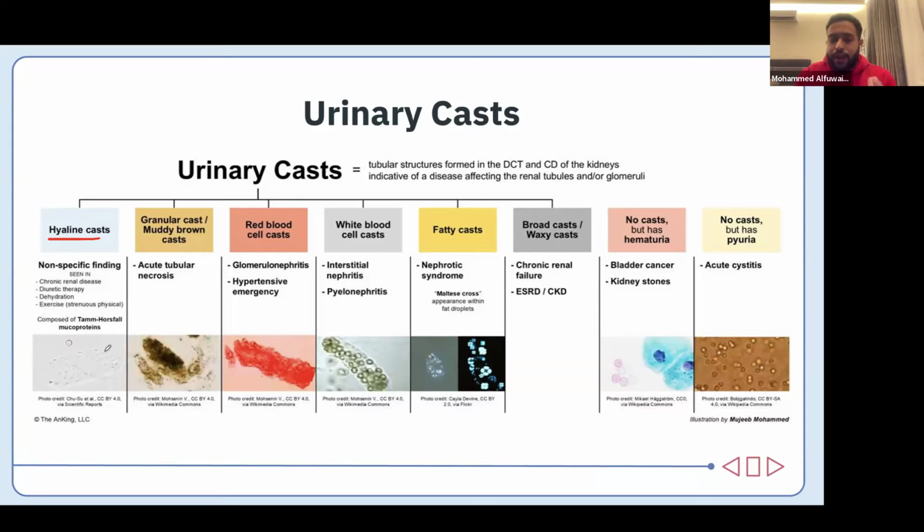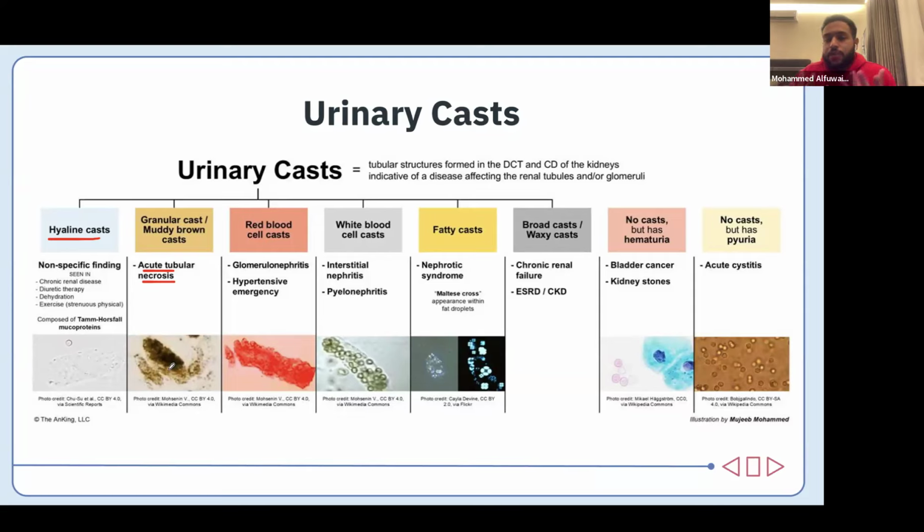So if you see hyaline casts, it could be another sign of ATN, but it's not that specific. What's more specific in ATN, acute tubular necrosis, are these granular muddy brown casts. And this will come as a question, whether it's in a scenario and they give you this, or they'll show you this picture and you know this is ATN.